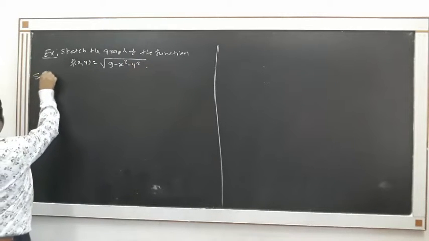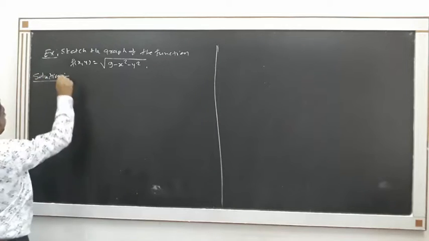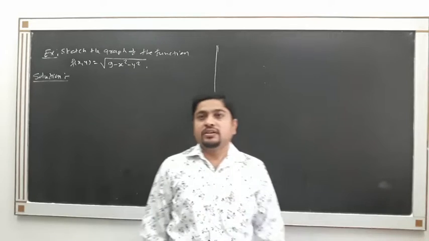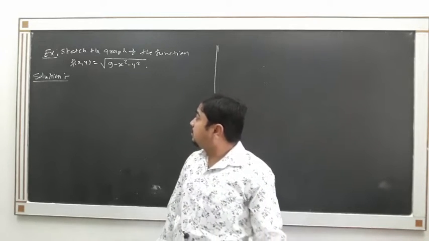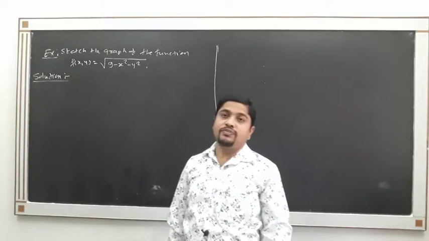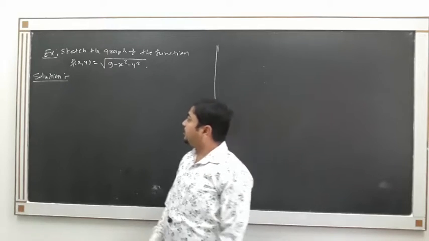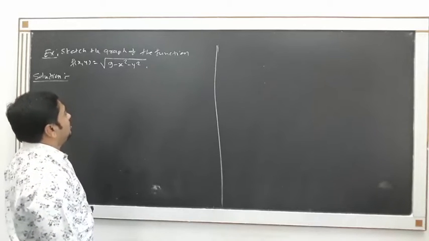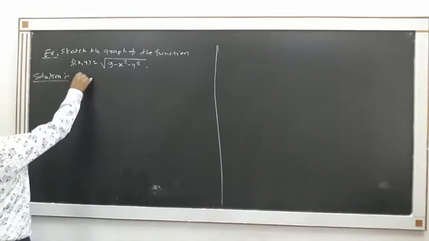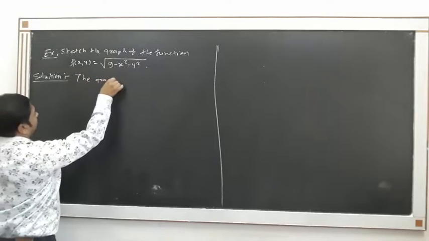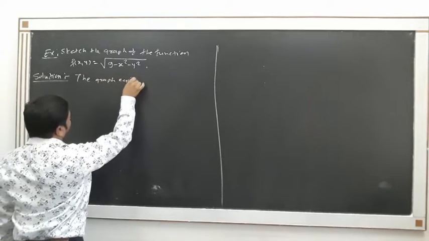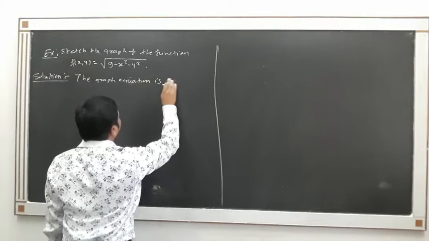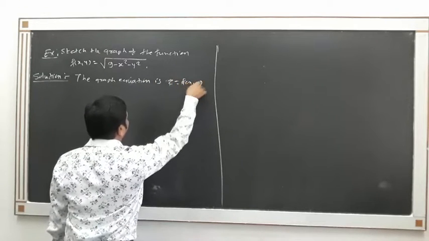Solution. In the first lecture we found the domain and range of this function. If you remember this, try to remember. Now what do we have to find? The graph equation is, what? z is equal to f of xy.